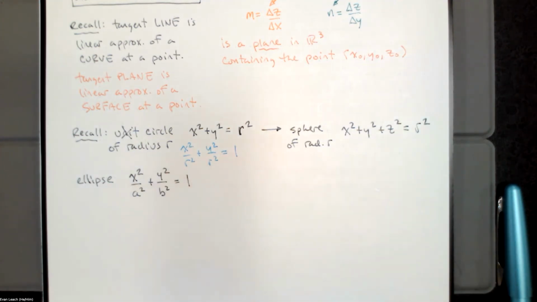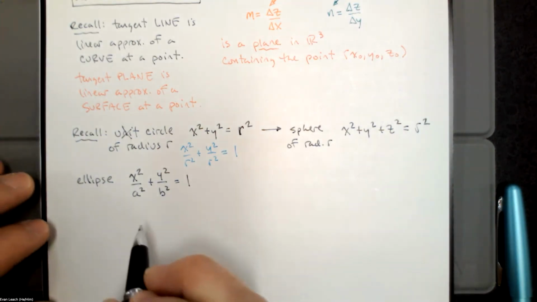So if we just divide through by the r squared, then I get that form of ellipse where a and b are the same. So an ellipse is like having a circle with two radii. Instead of plus and minus r all the way around, in the x direction we're going to have plus and minus a, and in the y direction, plus and minus b. So we get this squashed circle.